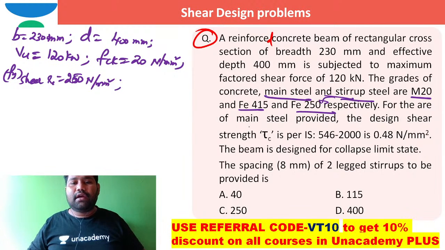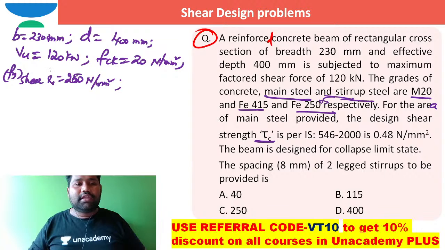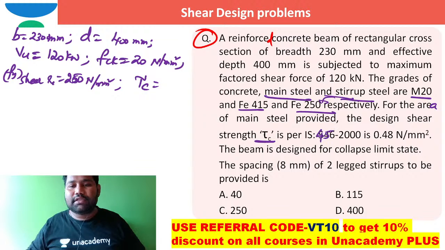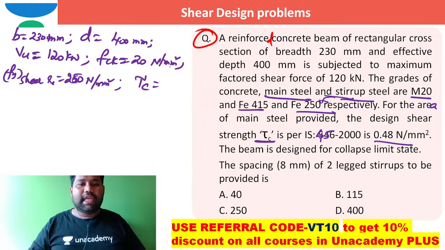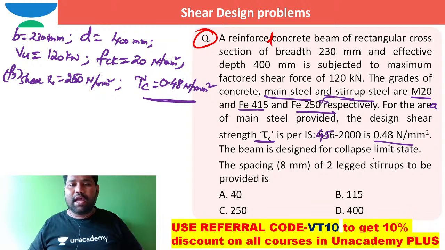For the area of main steel provided, the design shear strength tau c of the RCC beam as per IS 456 2000 is 0.48. The beam is designed for collapse limit state.